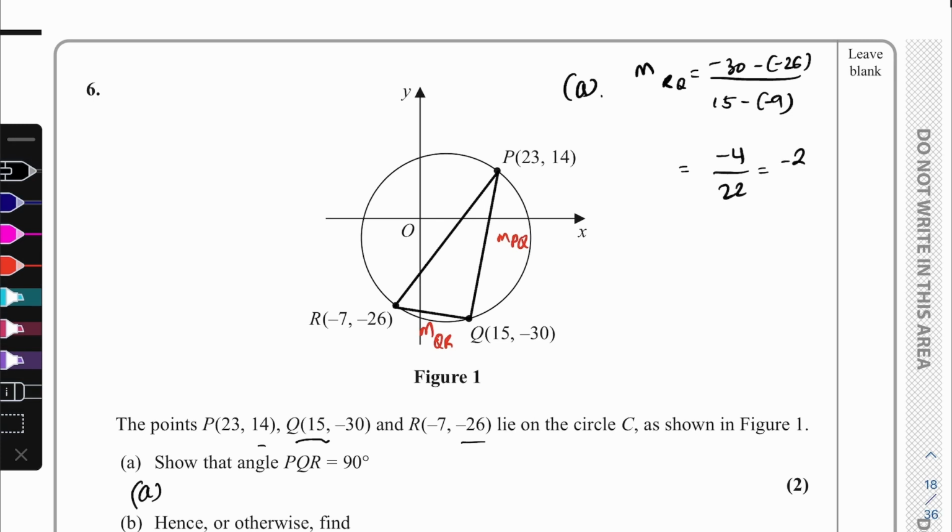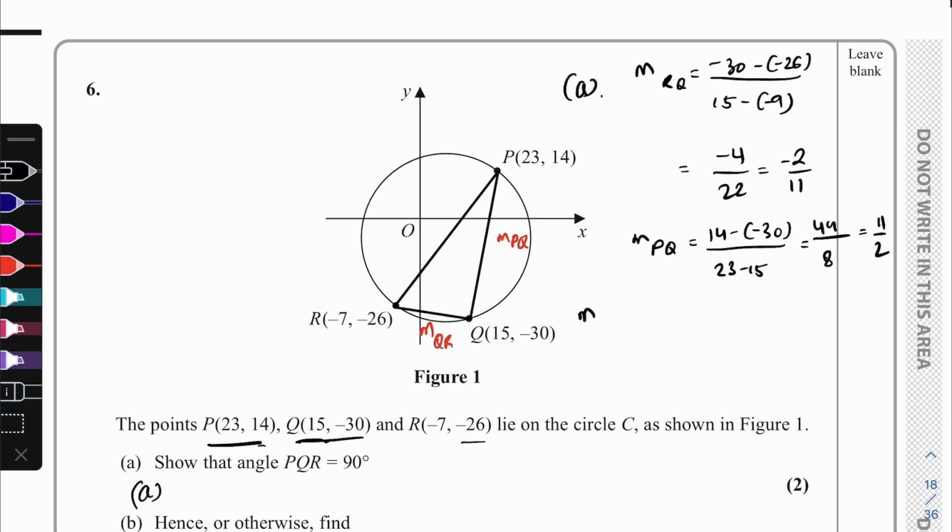This is equal to minus 2 over 11. Then we have m of PQ. Let's look at the coordinates of P and Q. Let's take 14 take away minus 30, all over 23 take away 15. So 14 plus 30 is 44, over 8, since 23 minus 15 is 8. This gives us 11 over 2.